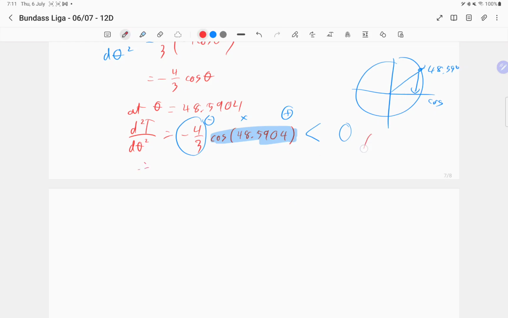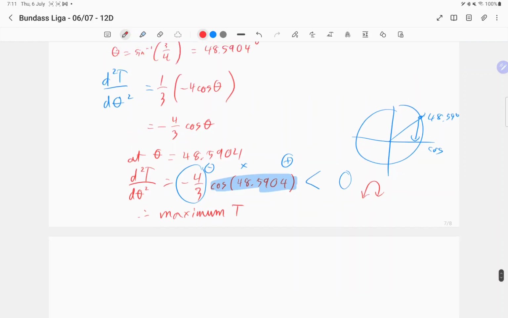less than 0 means it's concave down, right? Therefore, maximum t. Okay, make sense?